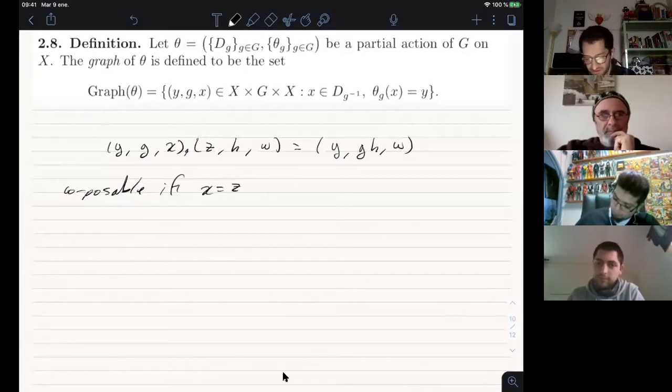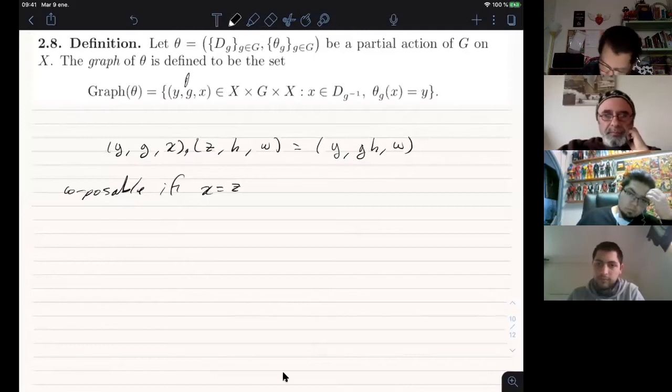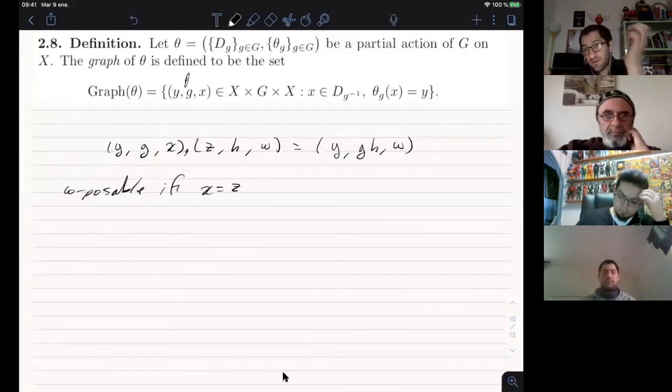This is interesting because, for example, g is in fact, of course, going to be theta g, which is going to move x to y, and x is going to be in the domain of theta g.